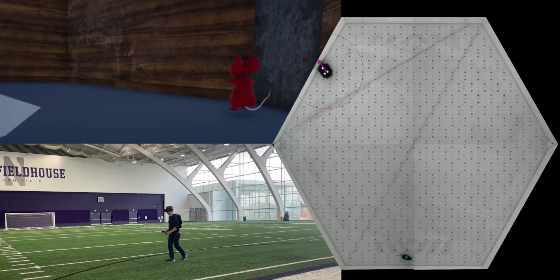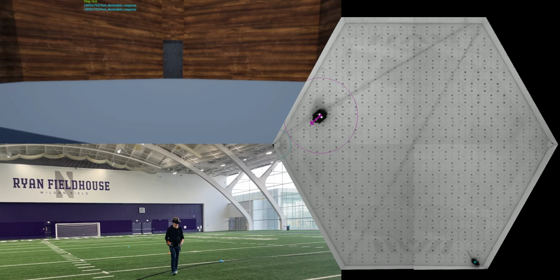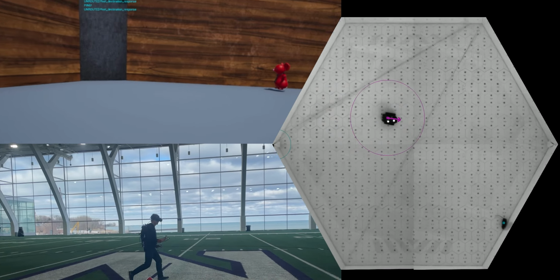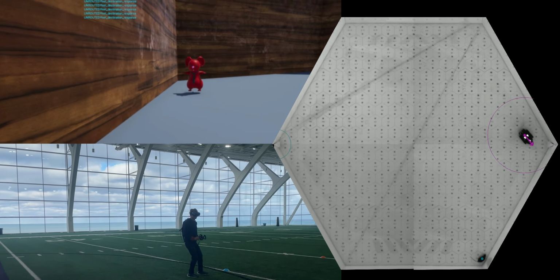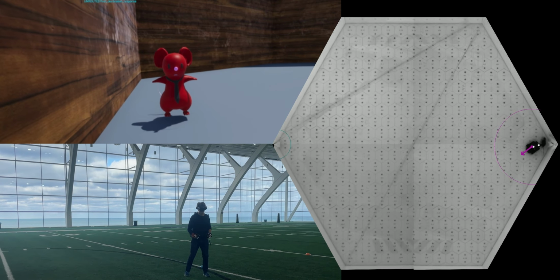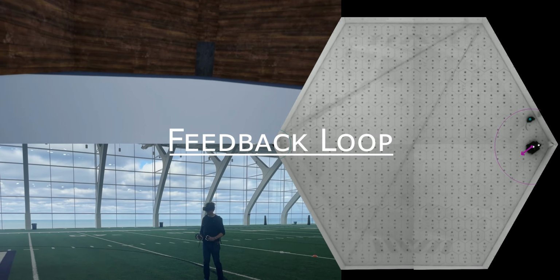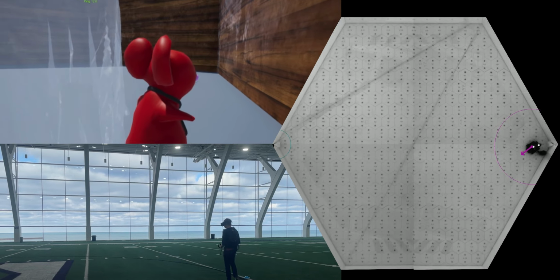Tracking information of the mice is also sent to the game and updates the mouse avatar. This networking feedback loop is what allows the player to have a real-time experience with the mouse while running around in a field.